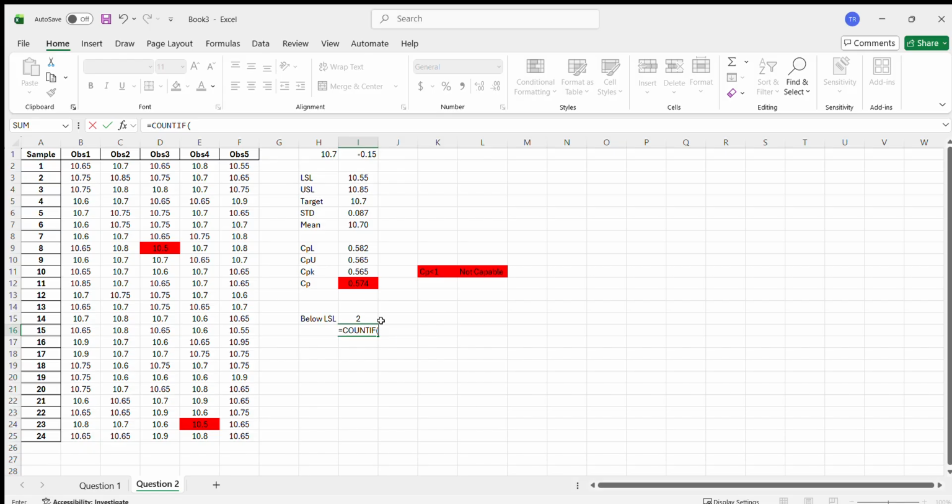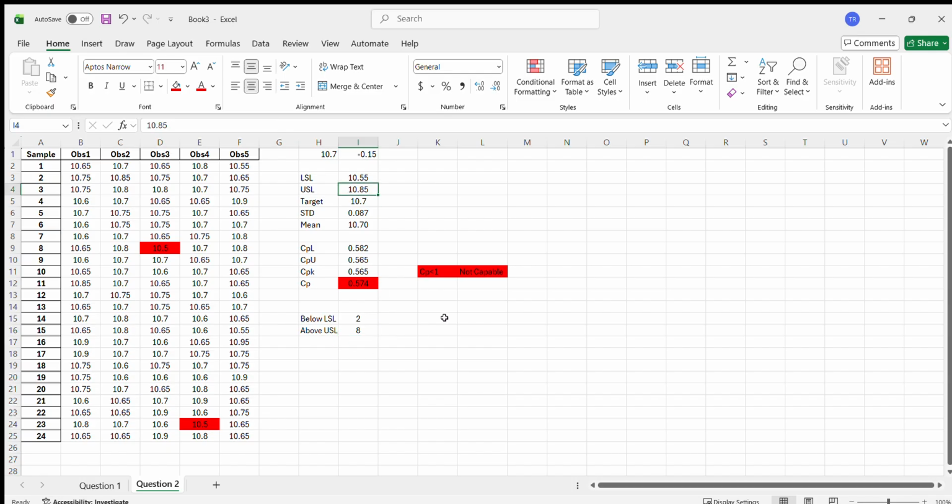Okay. So now we are going to do the same type of equation for the upper portion as well. So we'll do the range. Then we're going to do the criteria, 10.85. All right, let's do this one. Now it's 8. So we have 8 items above 10.85.